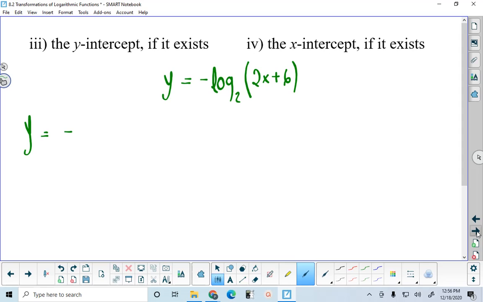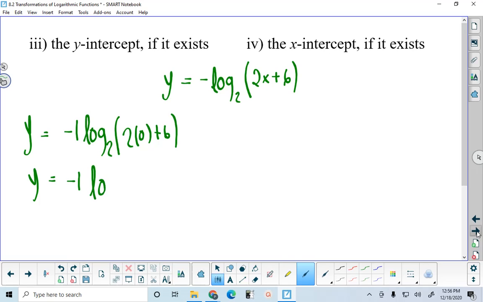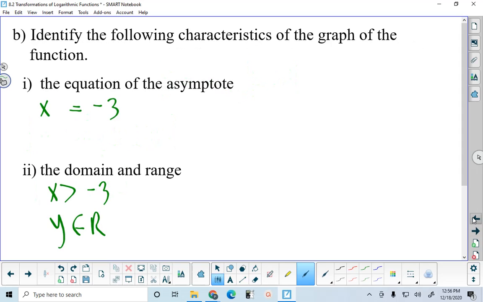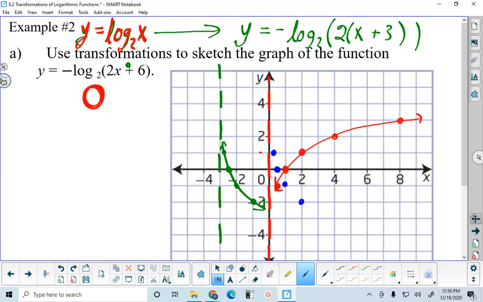This is y equals -1 times the log base 2 of 2 times 0 plus 6, which is the y-intercept is -1 multiplied by log base 2 of 6. And we're not going to calculate that yet. What I will tell you is whatever number that is, if we go back and we look at this y-intercept here, it's going to have a value of -1 times log base 2 of 6. The reason why we're not going to calculate it right now is you don't know how to.